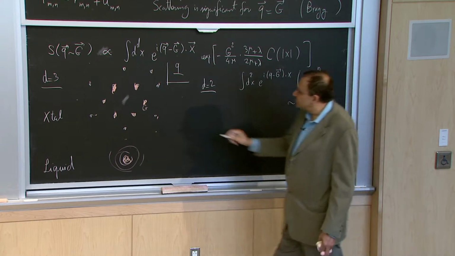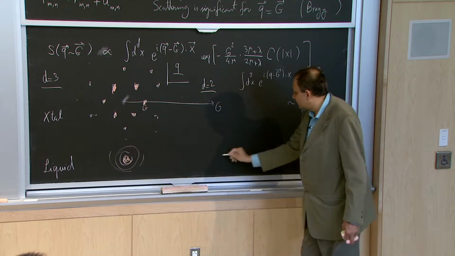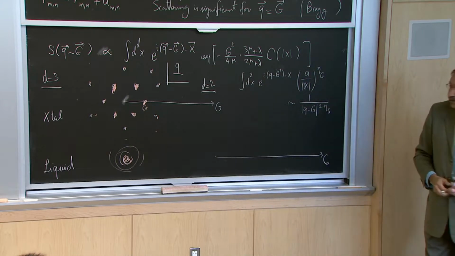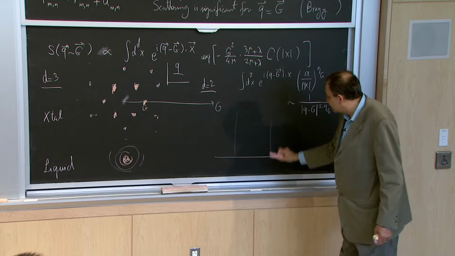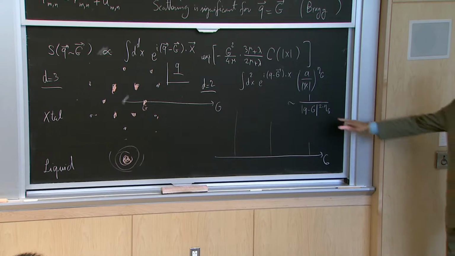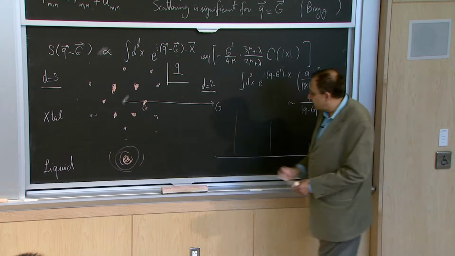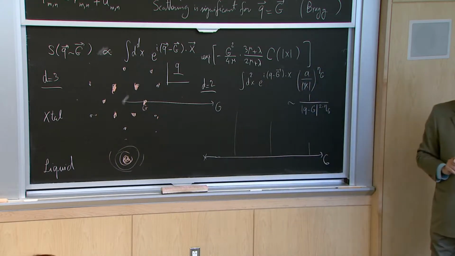So as you go along some particular direction and ask what you see, you find that you will see peaks close to the locations of the lattice vectors. So let's say they're equally spaced along the particular axis that I'm taking.